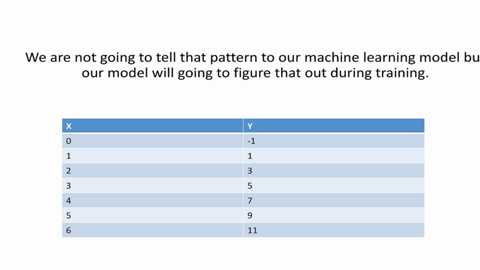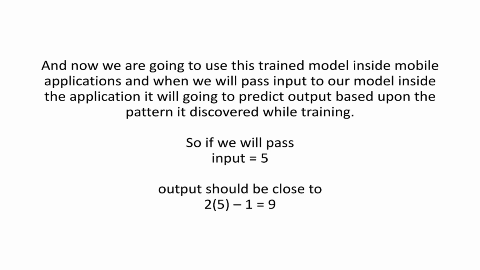So after training the model, we are going to use this model inside our mobile application. And when we pass input to our model inside that application, it is going to predict the output based upon the pattern it discovered while training. So if inside our application we pass input equal to 5, then our output should be close to 9, because the output should be 2 into input minus 1, which is 9.